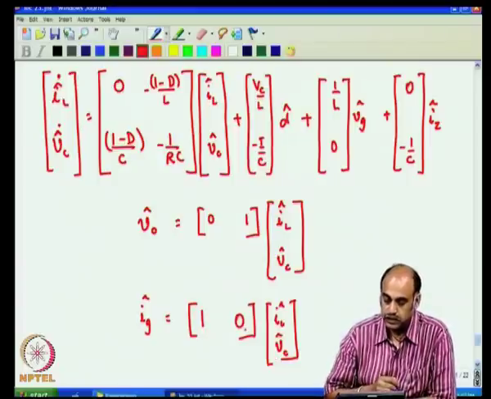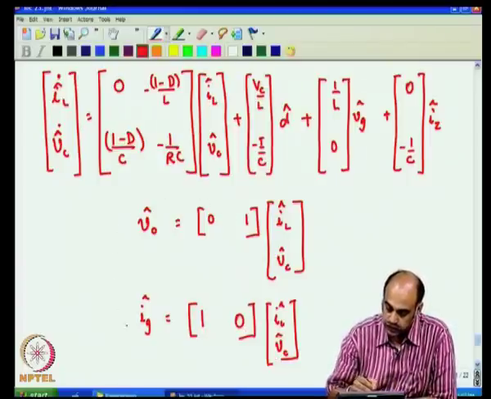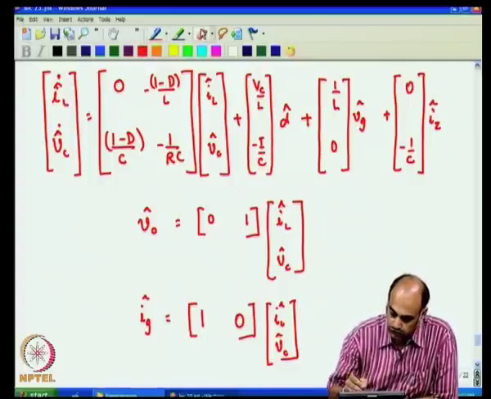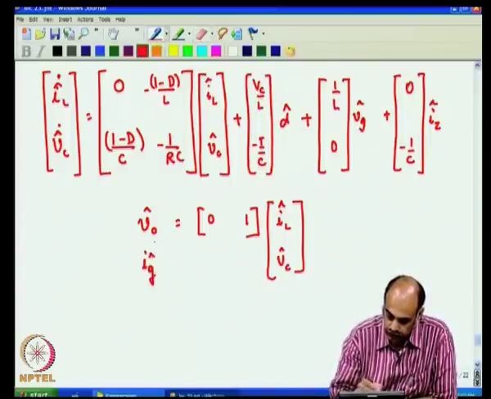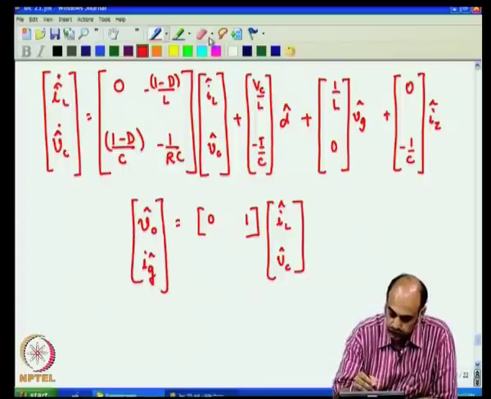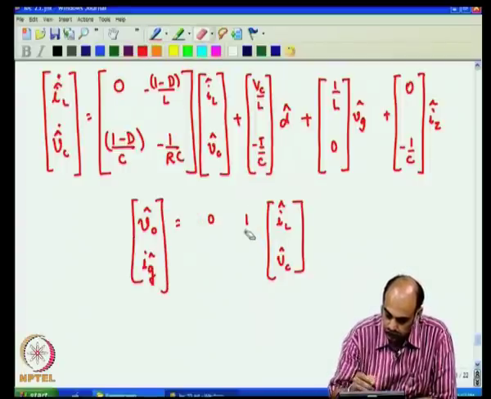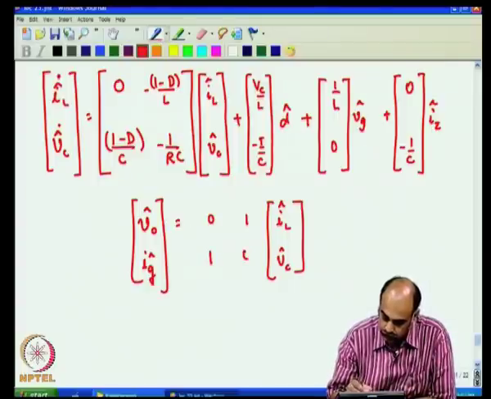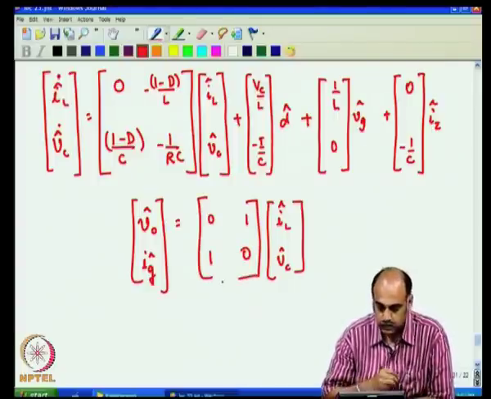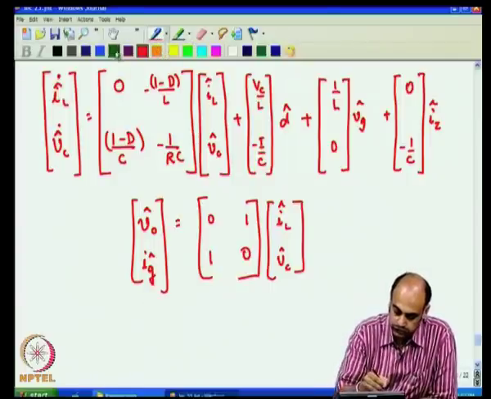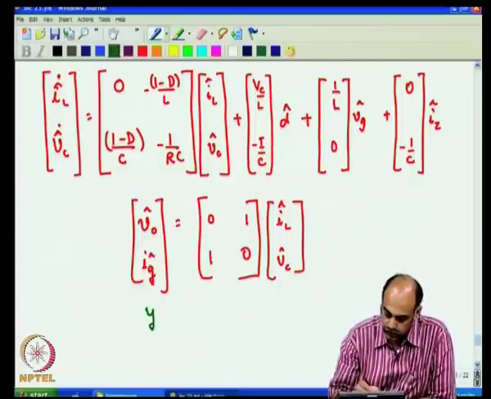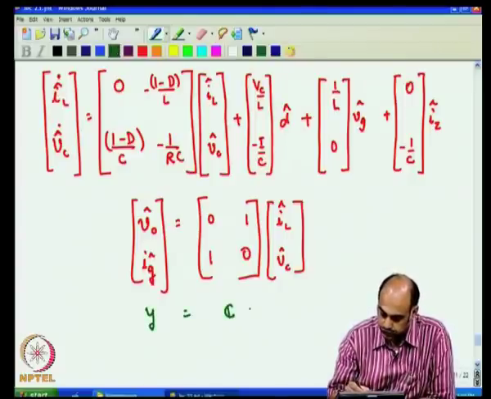So, either you could have this or this. This output equation can also be combined together in the following manner. You could have Ig hat like that, one 0. So, this also results in the same output equation, y is equal to C x.